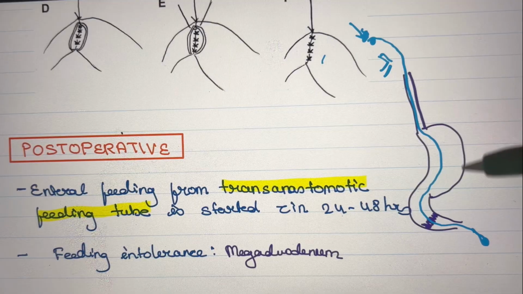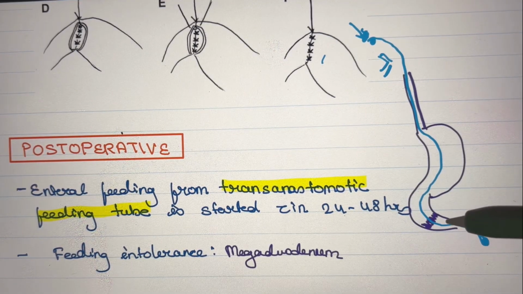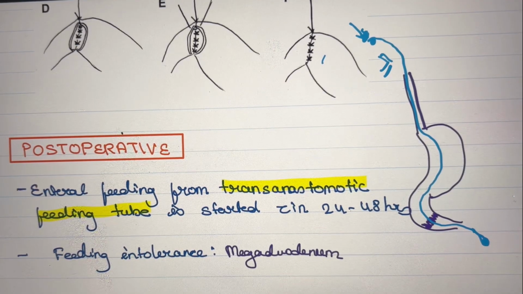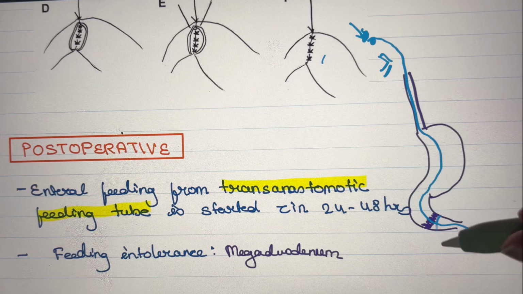And what is the importance of this? This Ryle's tube is going beyond the anastomotic site, so this anastomotic site will be dry and have time to heal, plus we can feed the neonate also. So enteral feeding is started from the trans-anastomotic feeding tube within 24 to 48 hours, and there might be feeding intolerance which will cause megaduodenum.